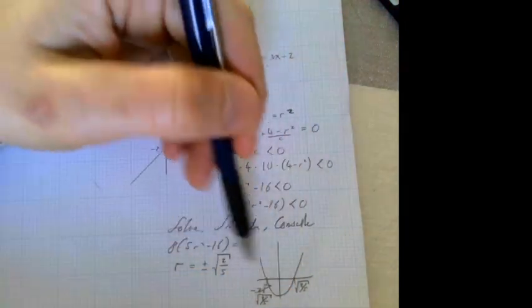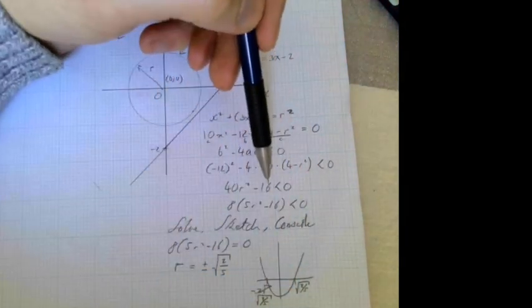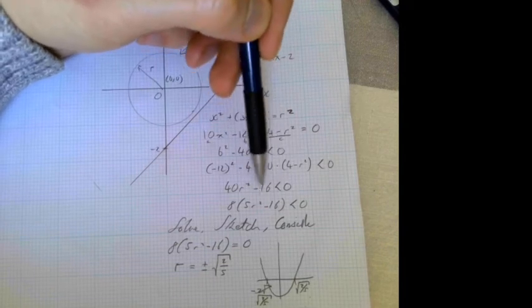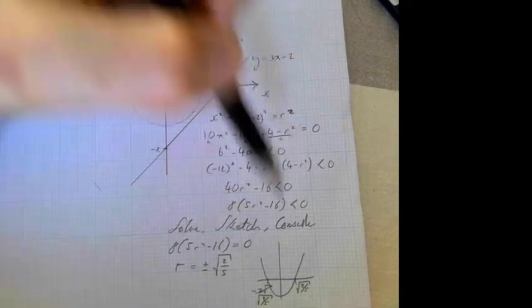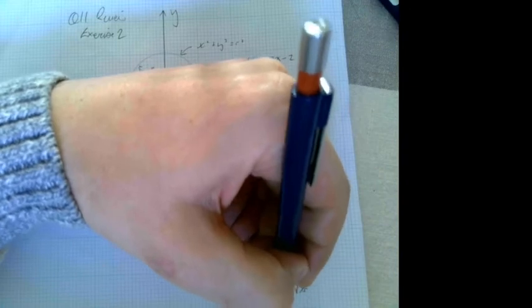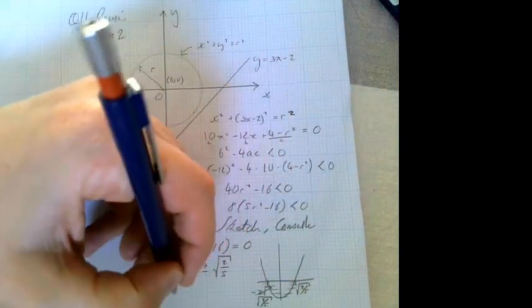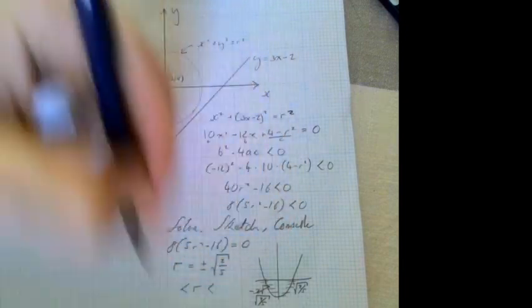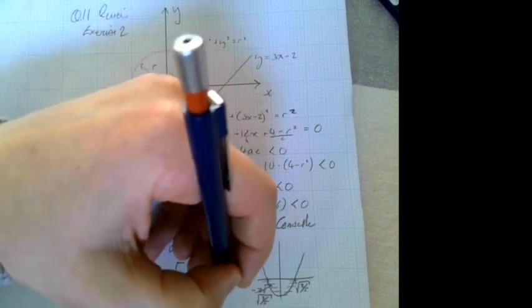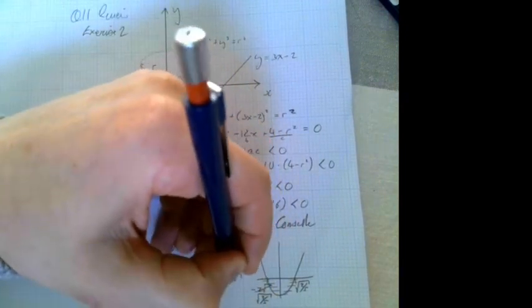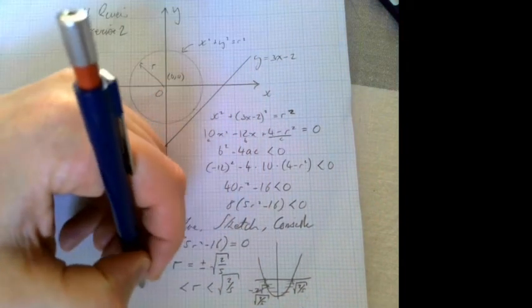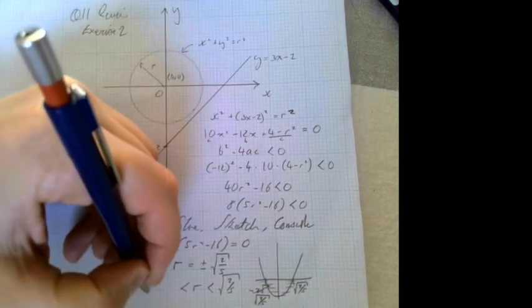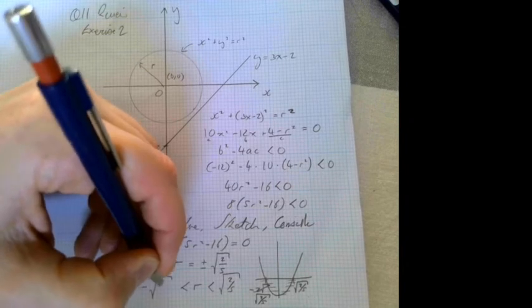Now if I think back to the original problem, I'm considering when this is less than 0. So this is less than 0 between these two values. So the possible range of values for r, to summarise the answer to the question, is that it's between the negative square root of 2/5 and the square root of 2/5.